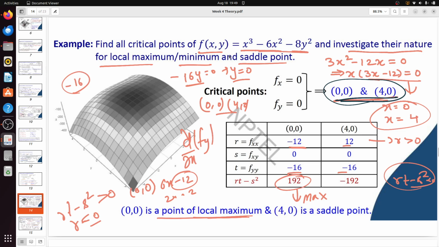Example: find all critical points of f(x,y) equal to x cube minus 6x square minus 8y square.